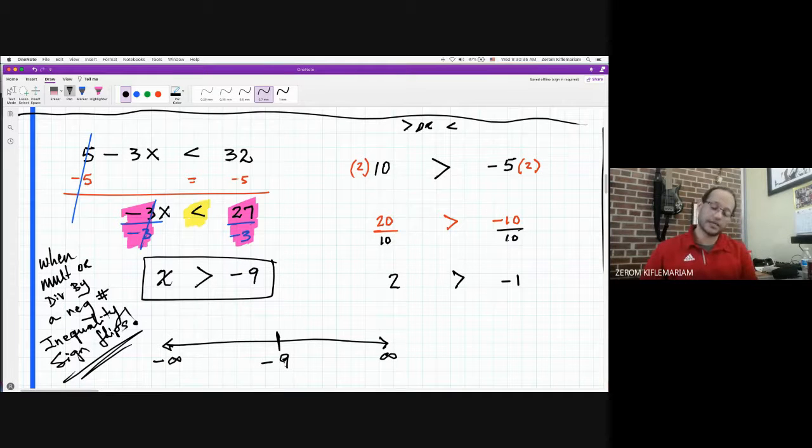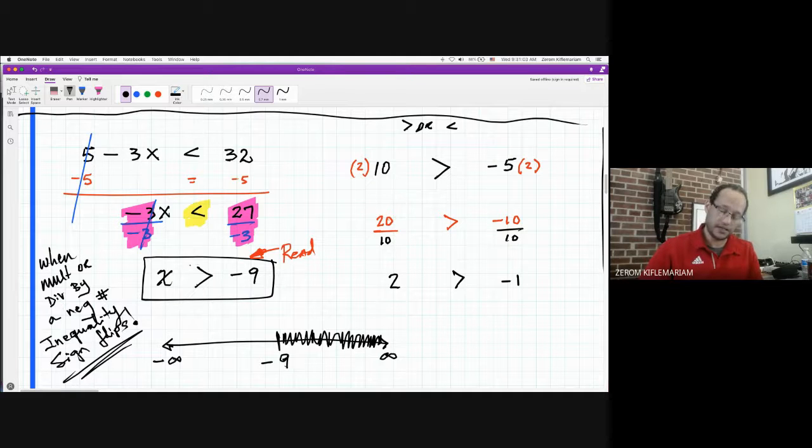If I'm reading this, it says x is greater than negative 9. What is greater than negative 9? Should it be on the right side or on the left side? The numbers that are greater than negative 9 would be on the right side. So my answer should be anything on the right side.